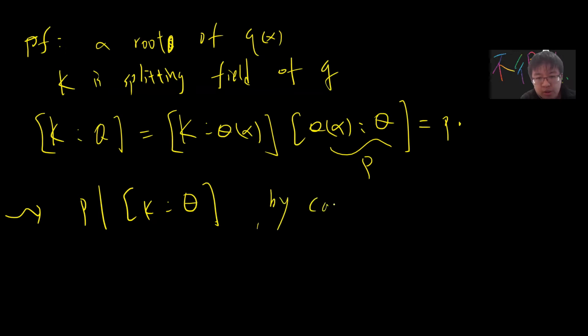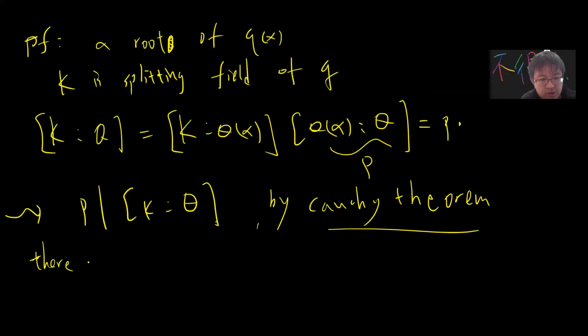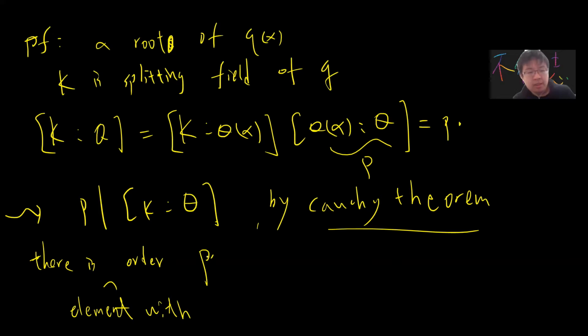So by Cauchy's theorem, which is group theory, there is an element of order p. This is the first result. The second result is that we have the complex conjugate: I can define tau mapping a + bi to a - bi.